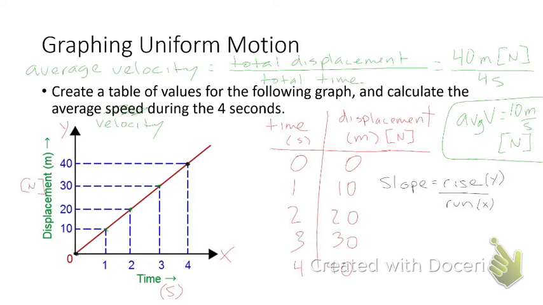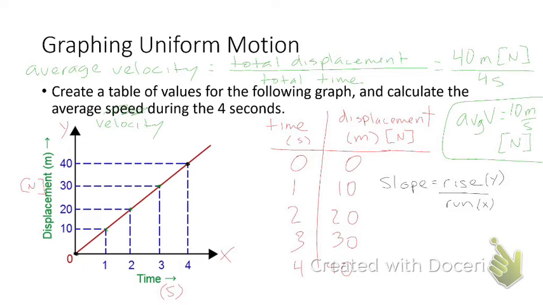Now in a displacement time graph, it's important that we watch our axes and what the units are, or what our graph even is, okay? So for a displacement time graph, what is the rise? What's on the y-axis?